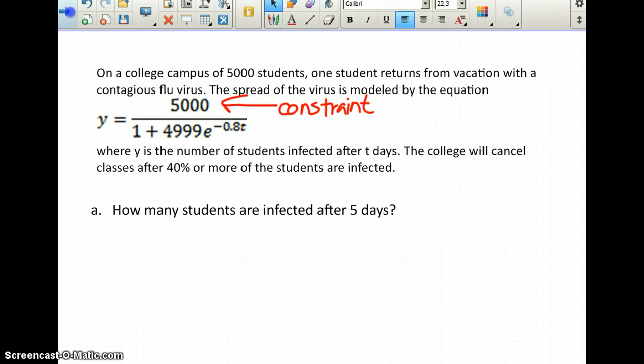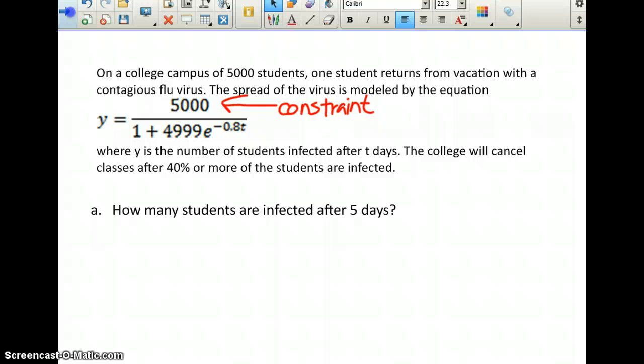And that makes sense. If there are only 5,000 students on the campus, then there cannot possibly be more than 5,000 students infected. All right?